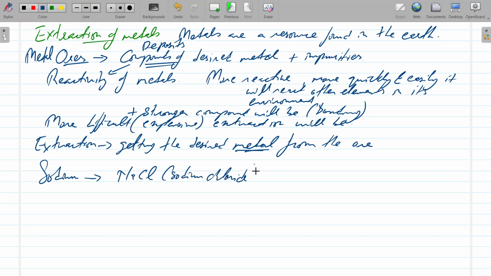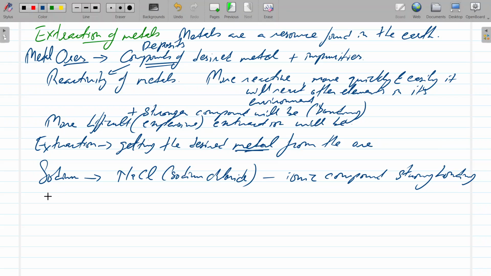And we know from earlier, this is an ionic compound, and it has very strong bonding. And sodium is very reactive, so it reacts very fast. It is difficult to separate as well because it wants to stay as sodium chloride.